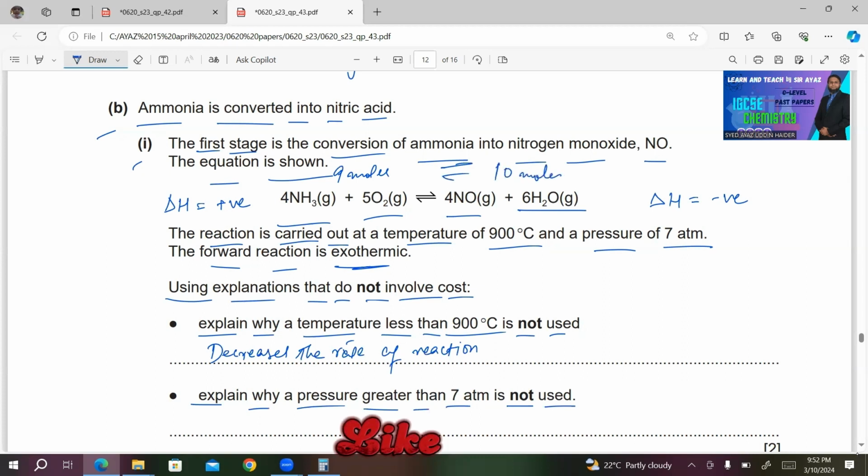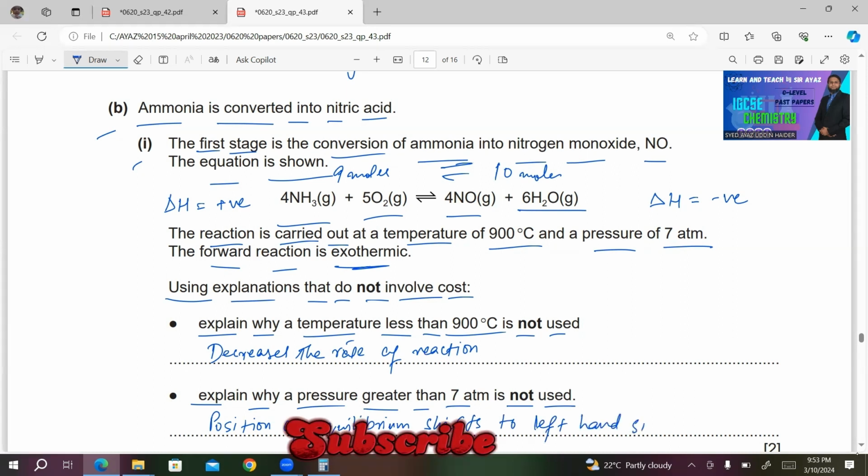So you can't have greater pressure. So the equilibrium will shift to the reactant side. Position of equilibrium shifts to left hand side or reactant side.